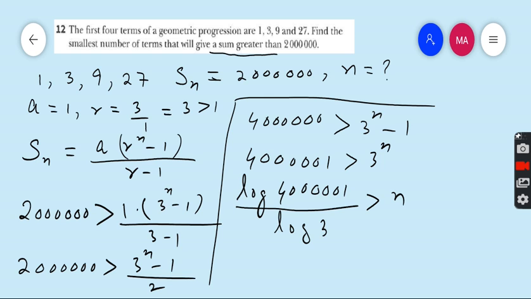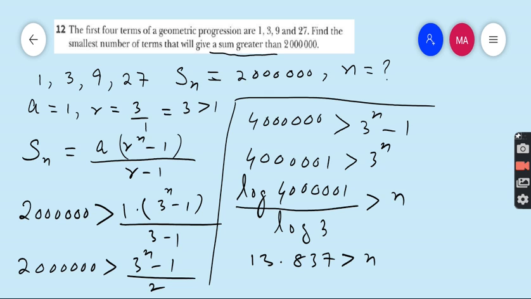Use a scientific calculator to find the value. The answer is 13.837, greater than n.